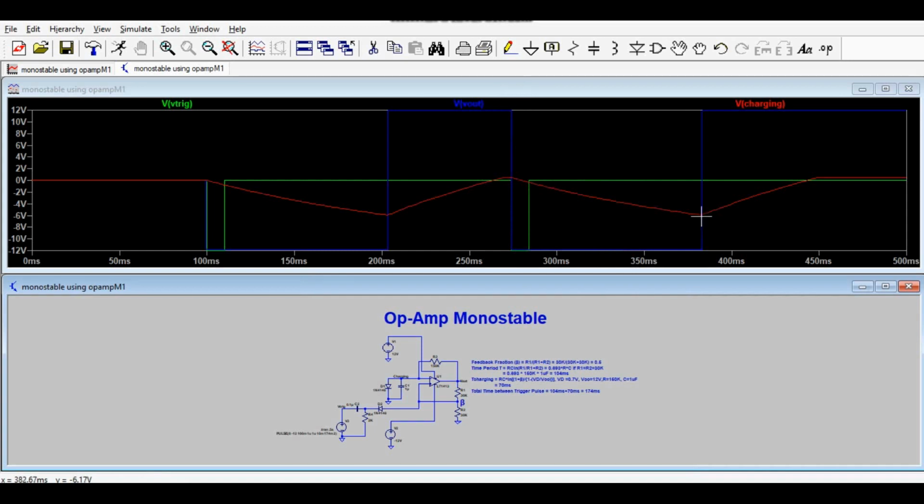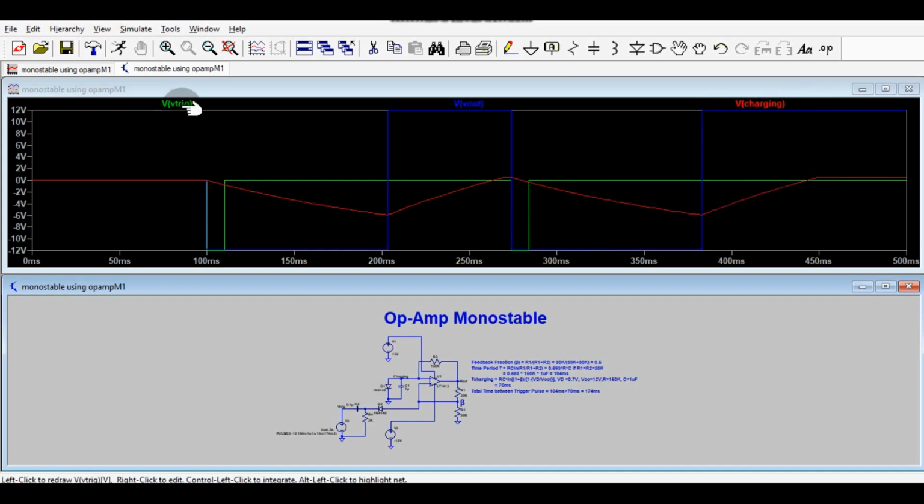After this time period your output becomes stable again, okay, and your capacitor is now discharging and holds a certain voltage. This is 0.7 or 0.5 volt, the diode forward voltage drop. You can see this is not zero, it is some voltage here. This is the red line, okay.